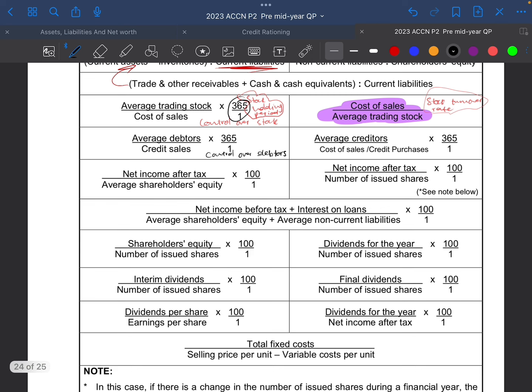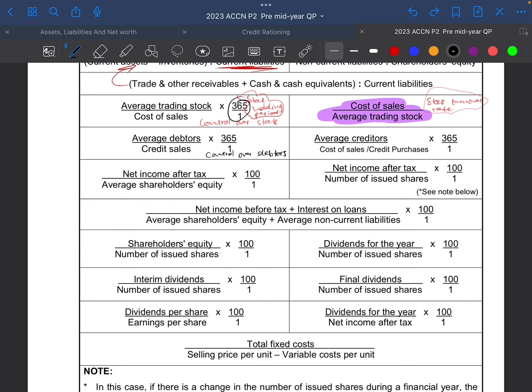Okay, so now it's the next one, which is in contrary of your average debtors. It's your average creditors over cost of sales, or your credit purchases. So here they said cost of sales because your purchases could be in your cost of sales, all of them could be in credit. Like you could purchase your stock on credit.